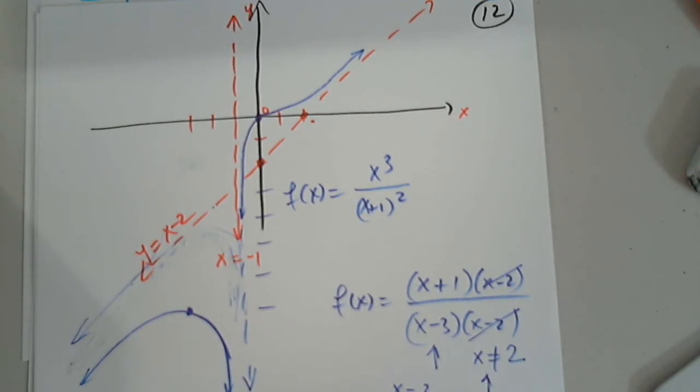That's the meaning of the word asymptotically: closer and closer to the asymptote, closer and closer to the vertical asymptote. So you must put in the slant asymptote. You have to find it.